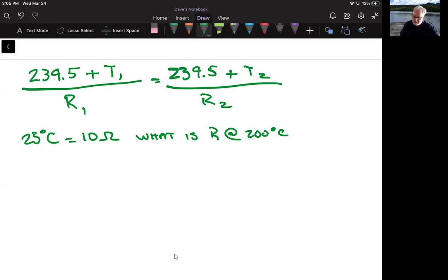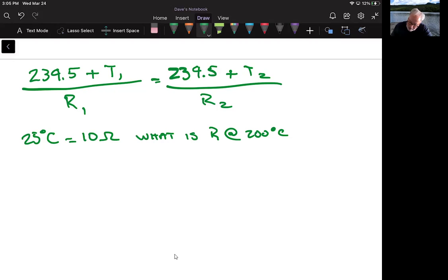So what I'm going to do is I'm given three of the things, and I'm going to try to figure out the fourth, basically. As I work this problem, my T1 would be 25 degrees C, and my resistance R1 would be 10 ohms.